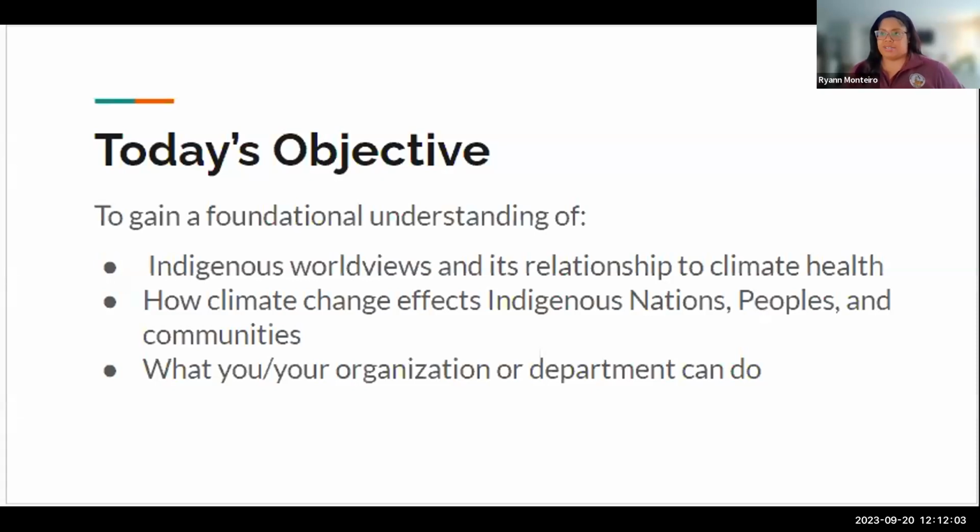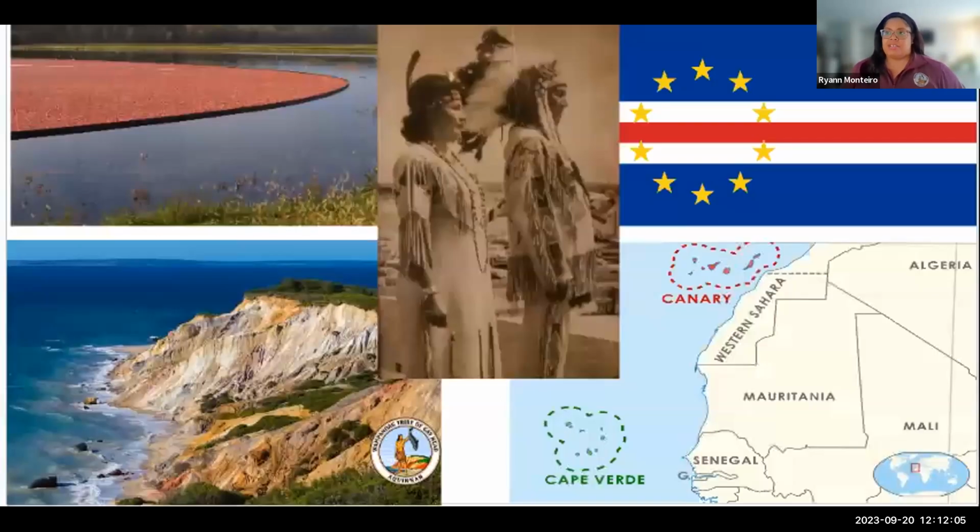Something that I start off with every talk, I think it's really important that you know who is speaking to you and from what context. On the upper left is a picture of a cranberry bog.